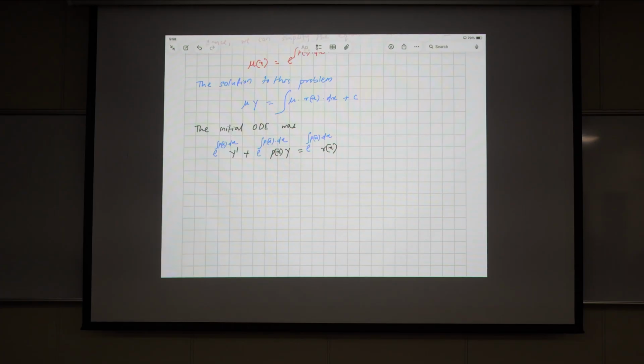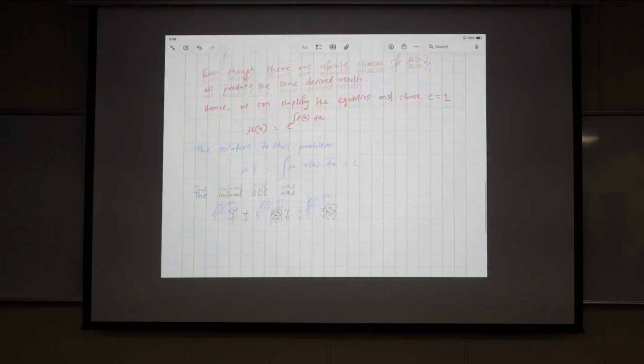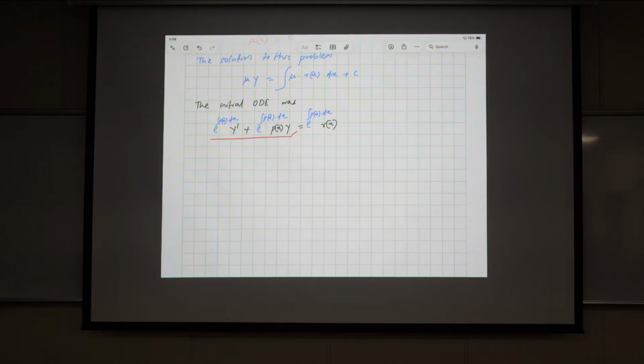But what exactly we studied previously is that when you multiply the mu in both sides of the equation, the left side is nothing but d/dx of (e to the power ∫p(x)dx times y), is equal to e to the power ∫p(x)dx times r(x).